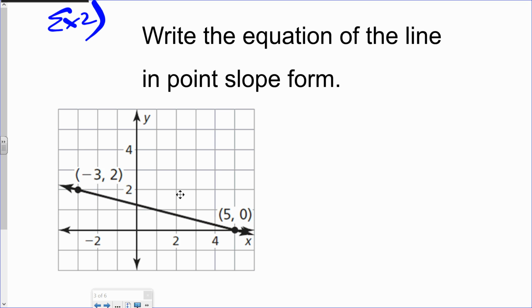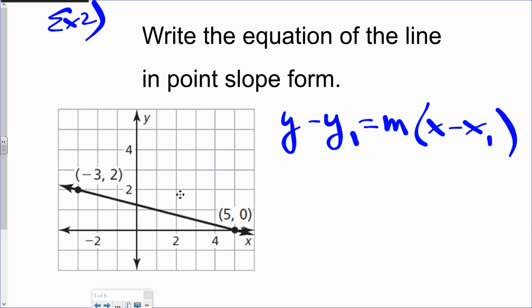Let's draw a simple graph, it doesn't have to be crazy. Point slope form, I know it looks like this: y minus y sub 1 equals slope times x minus x sub 1.